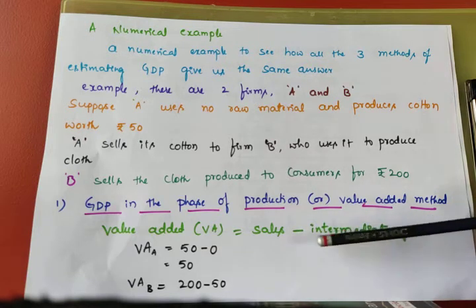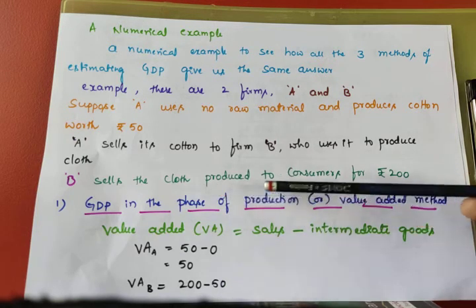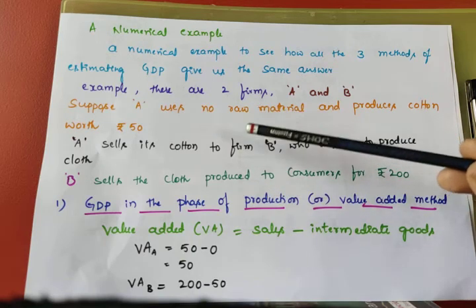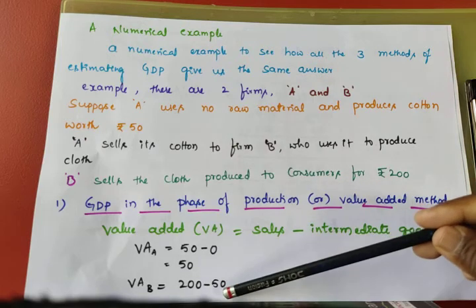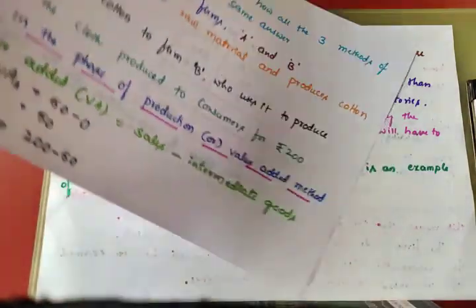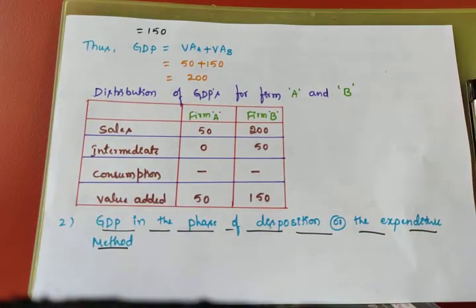So the sales are 200 and the intermediate good is 50. Out of 200 minus 50, the value added is 150.